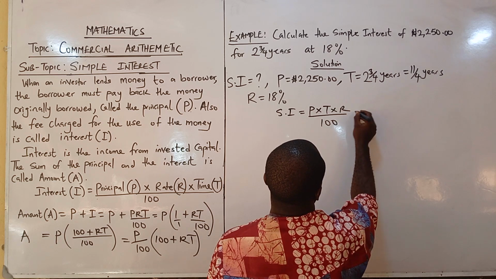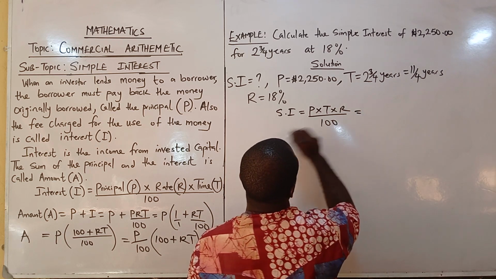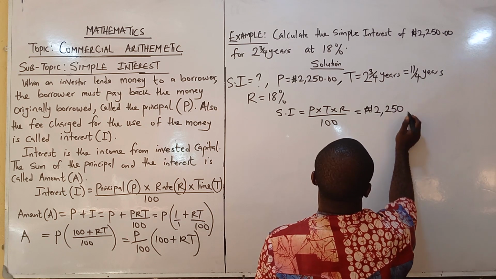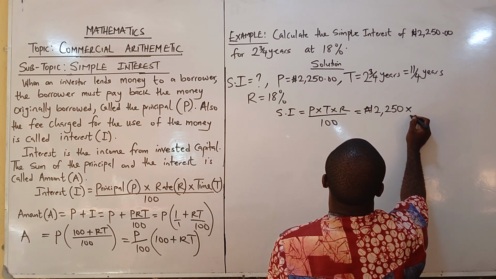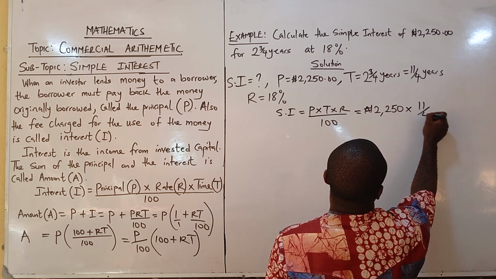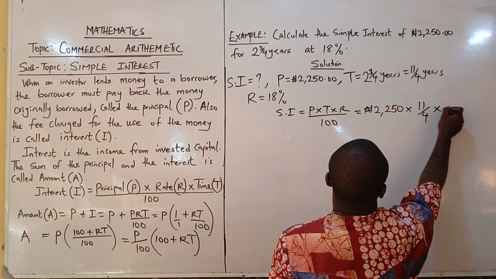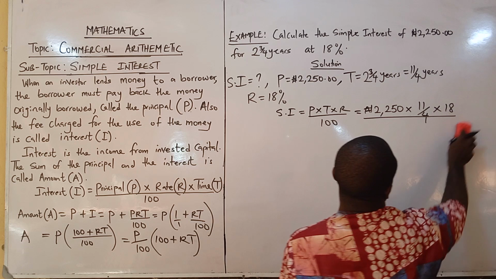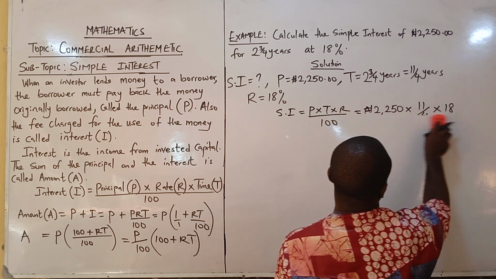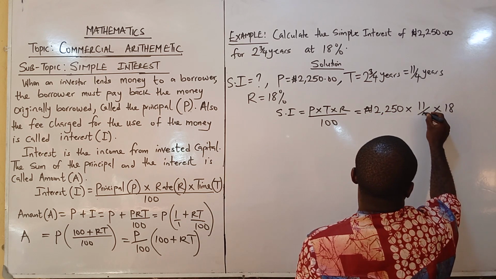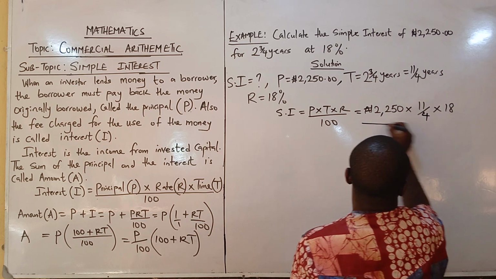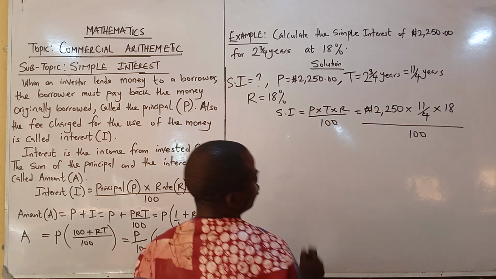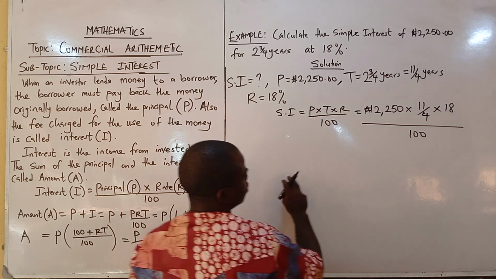Simple interest, which equals, what's our principal? 2,250 times time, 11 over 4, times rate, 18 over 100. Don't forget that this 4 will come down.